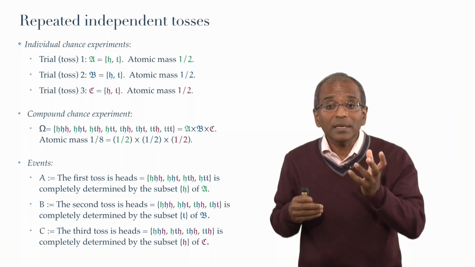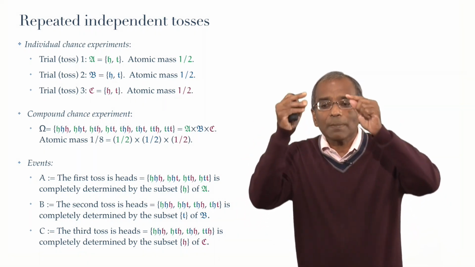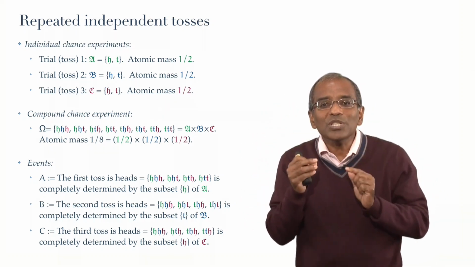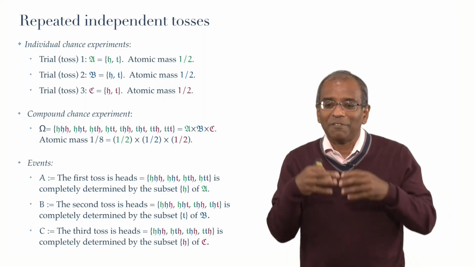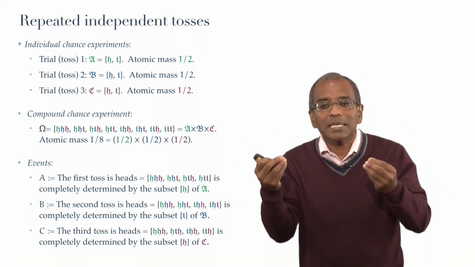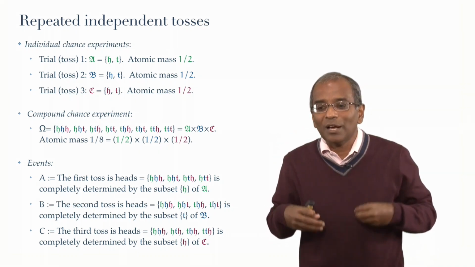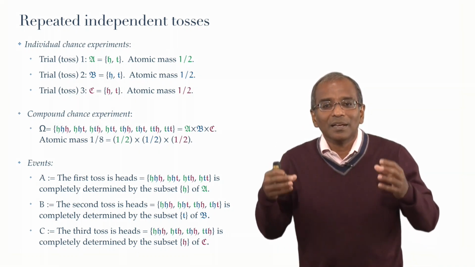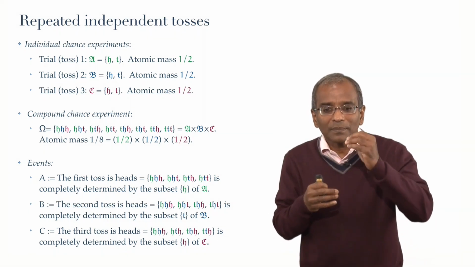Likewise, B is an event completely determined by a subset, blue T, of the alphabet Gothic B. And finally, C is an event completely determined by a subset, maroon H, out of the alphabet Gothic C. This was at the heart of independence.